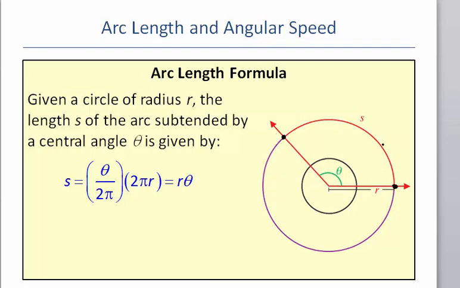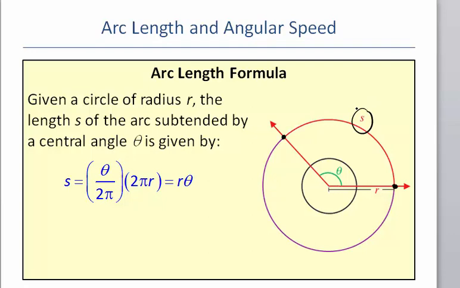This distance in between these two black dots that I just drew, that is the arc length. So in other words, it's the distance from walking from this point along this outside edge line all the way to that point. And you can see that that is denoted by the S.